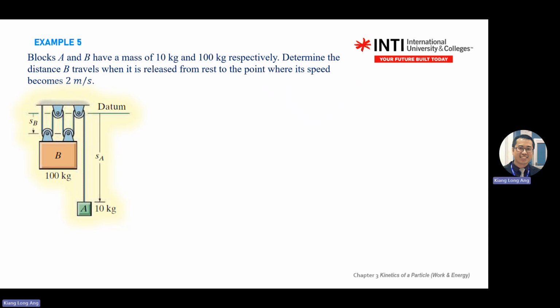Here, your SB has 1, 2, 3, 4. So once you pull A, actually if you move 1 meter, B only moves a quarter of the value. You move 1, this one moves one quarter. That is the ratio that you need to remember.